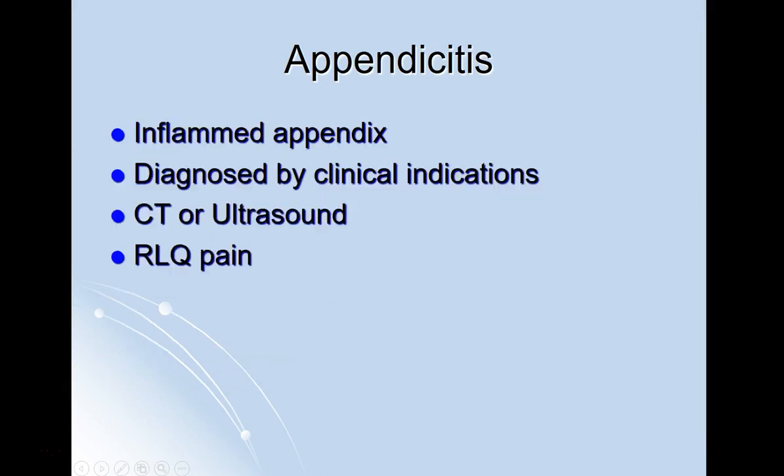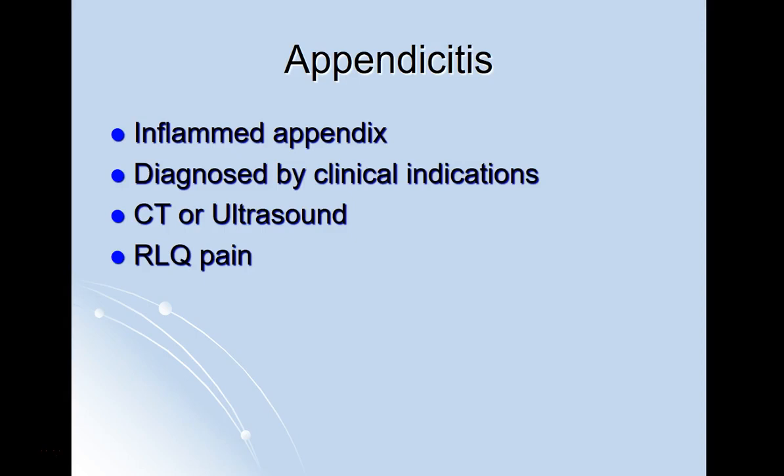Now, if we look at appendicitis, remember it's an inflamed appendix. In the olden days, it used to be diagnosed simply by clinical indications. So lab tests would show us that the patient has an elevated white blood count, which indicates an infection, fever, nausea, vomiting, right lower quadrant pain in the abdomen.